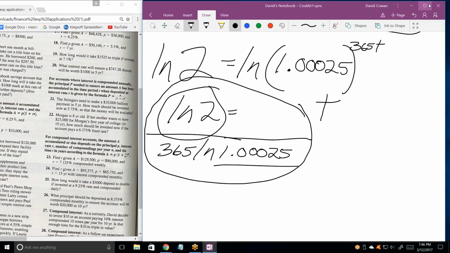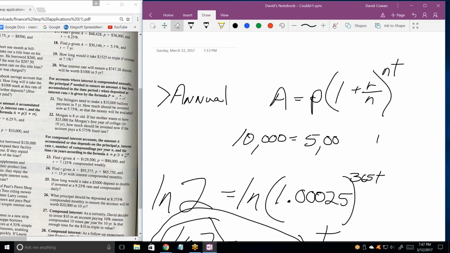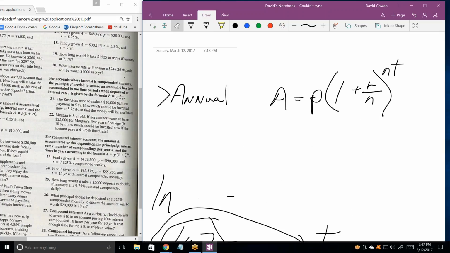What next? Next one is 26. Okay. Let me go back here. So we start with the general equation and fill in everything that you know here.